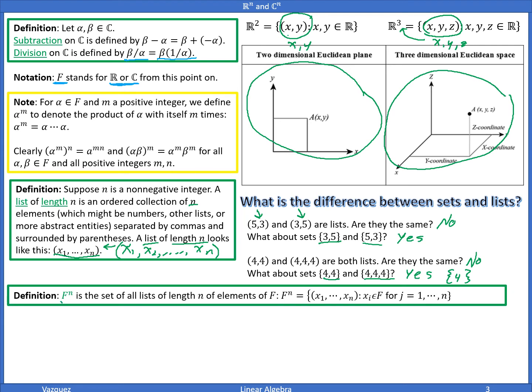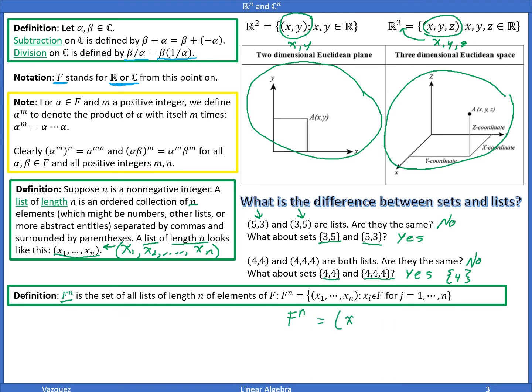Next, we're going to define what F to the n means. I usually just call it Fn. So Fn is the set of all lists of length n of elements of F. It's exactly what your intuition tells you. Any element in the set Fn is a list of length n, right?